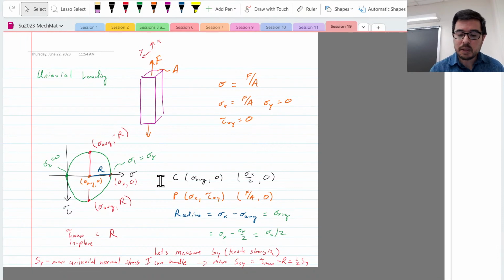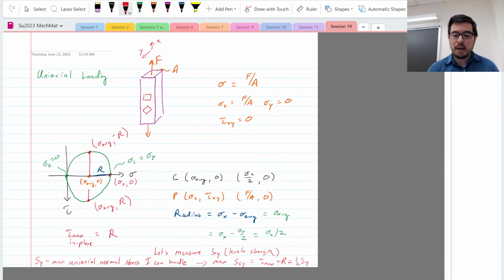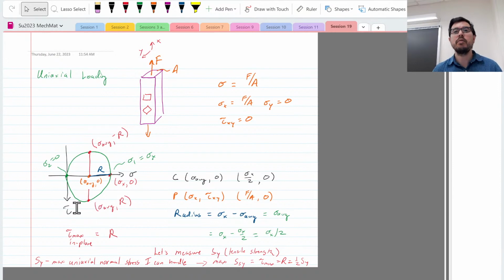So if I took an element in here, my little element, and I've calculated out what the loading is, and then I take another element and I rotate it 45 degrees, that will have a different state of stress, where I have shear now at its maximum, and I also have my sigma average, which is half.